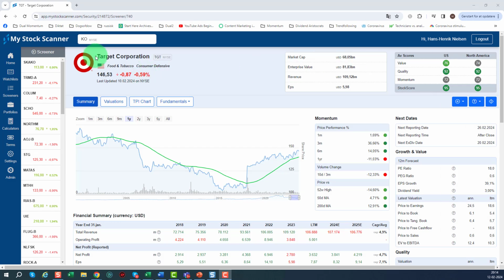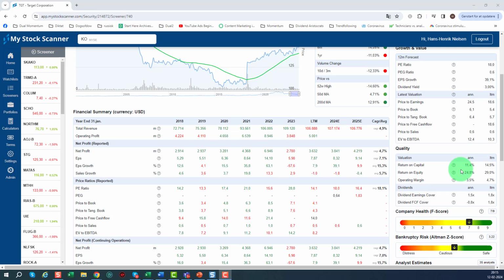There we go. Here we have Target Corporation, a big consumer defensive stock in the United States in the food and tobacco industry group. And as we can see here, it's a fairly solid company, good quality, good value. All this stuff that we can find in MyStockScanner here. We can see that there are some good returns on capital and equity, and overall it's a decent company.